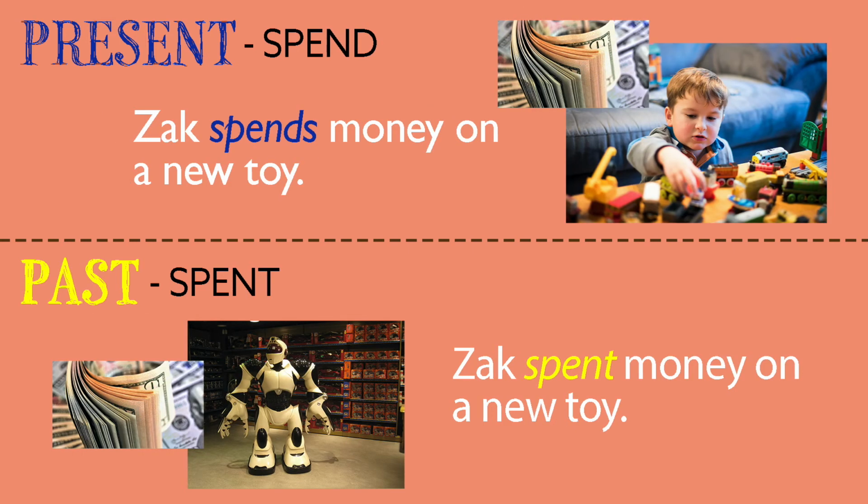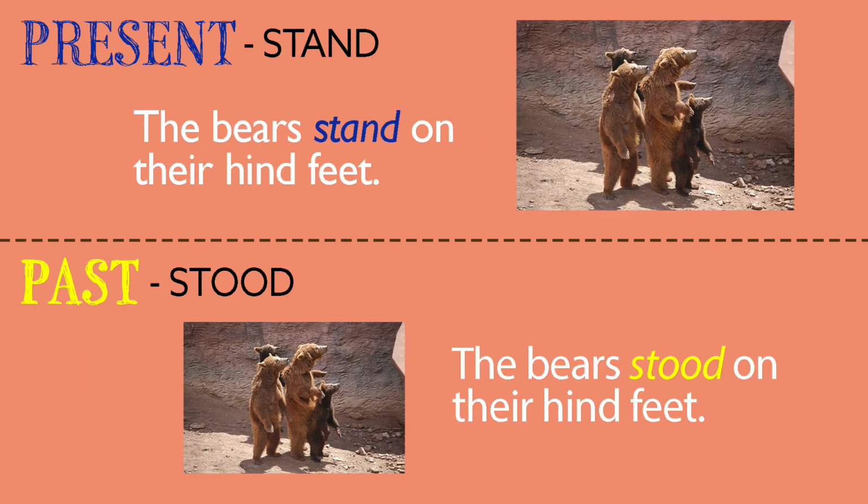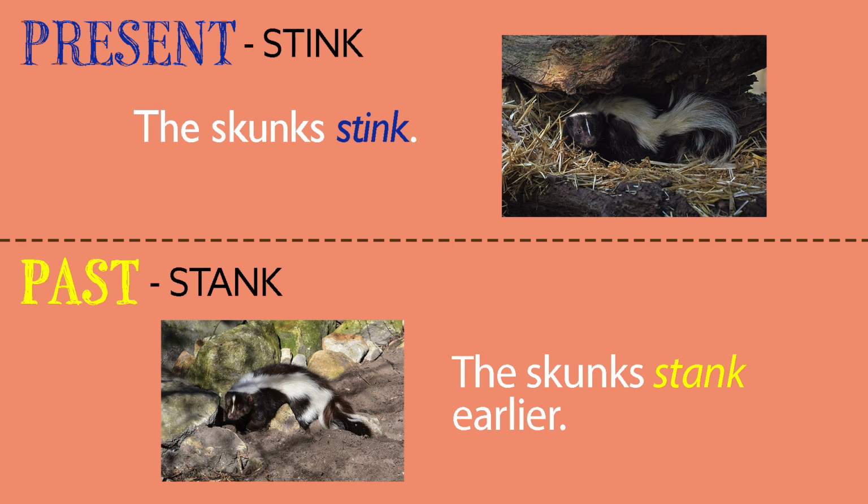Zach spends money on a new toy. Spent. Zach spent money on a new toy. Stand. The bears stand on their hind feet. Stood. The bears stood on their hind feet. Stink. The skunks stink. Stank. The skunk stank earlier.